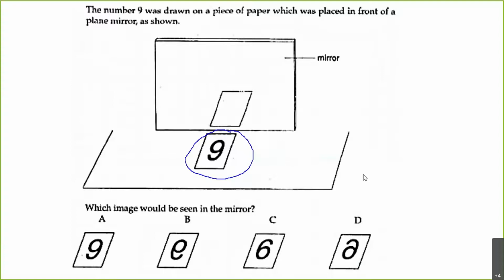And then tell me which one of these pictures, A, B, C, or D, represents the image in the mirror. 1 minute. Go ahead. D. The answer is D. Let others confirm.